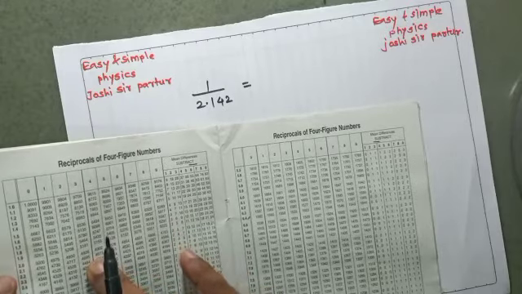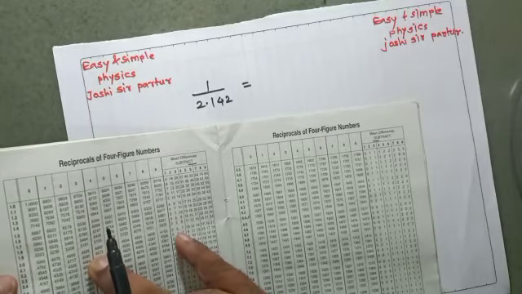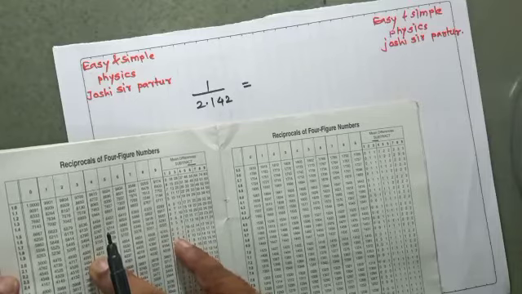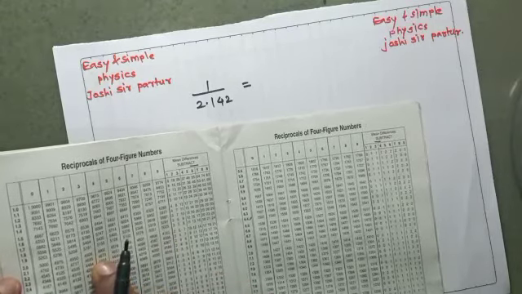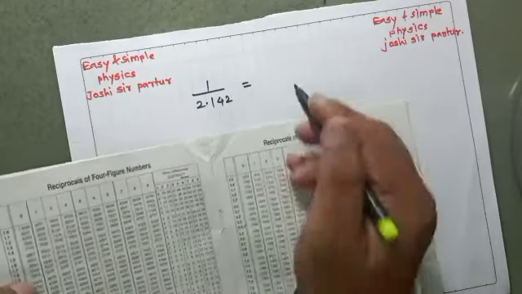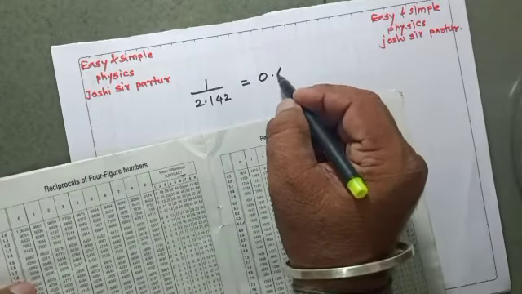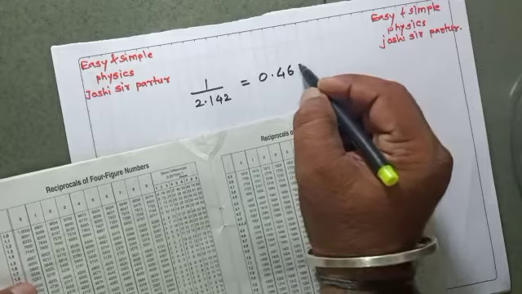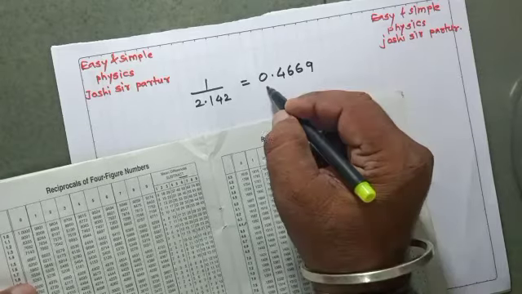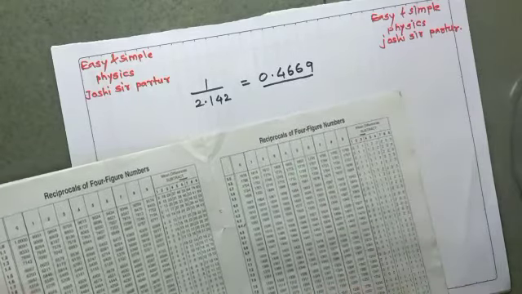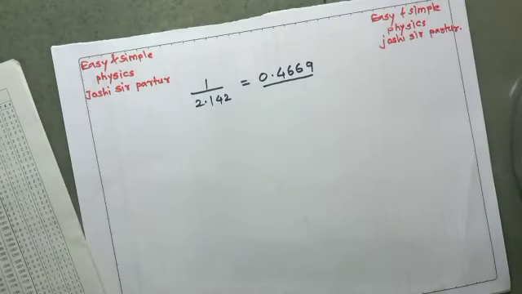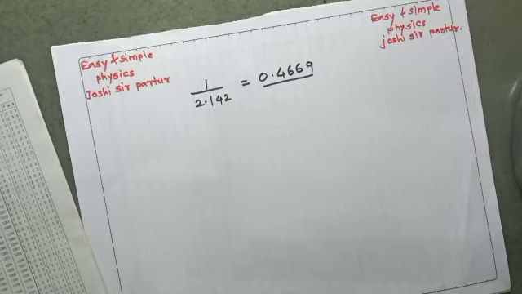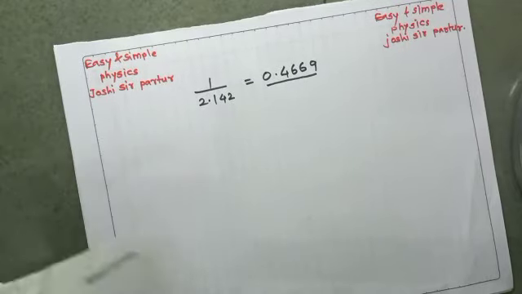So here 73 minus 5, 73 minus 4, so it is 0.4669. So its answer will be 0.4669, which means we can directly find the reciprocal by using the logarithmic and mathematical table.